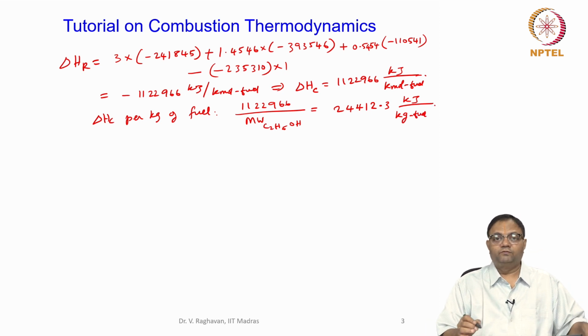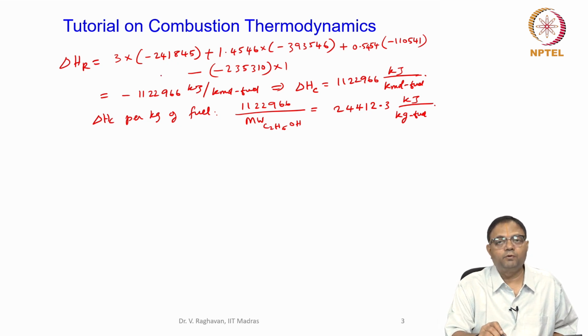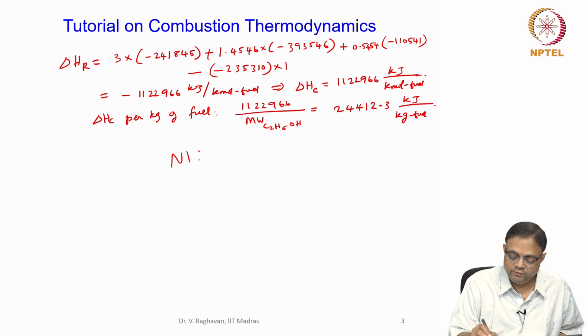So you can see here, in the standard condition only the enthalpy of formation is used. To retrieve these values you can use some standard tables or the NIST database.